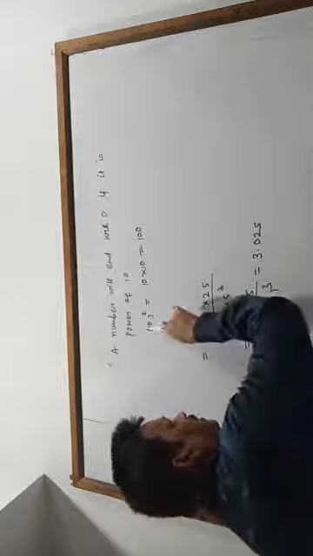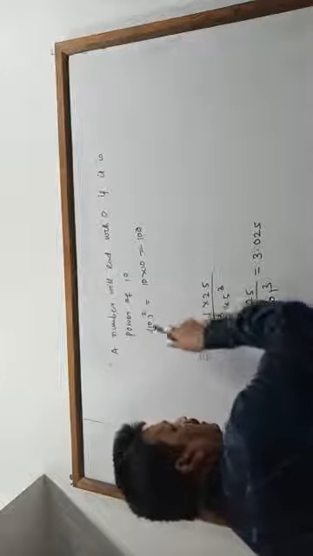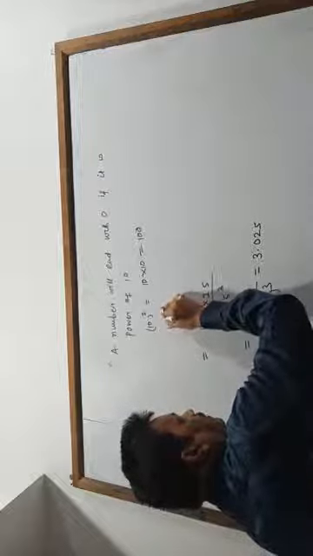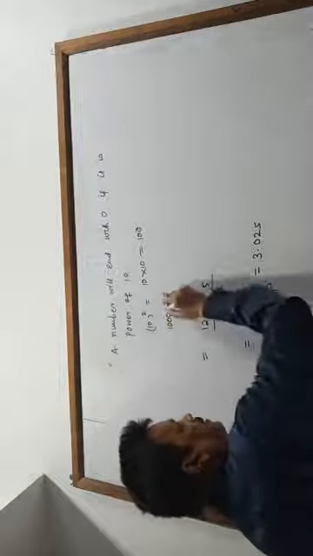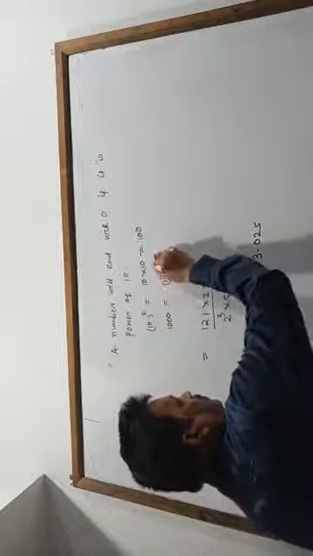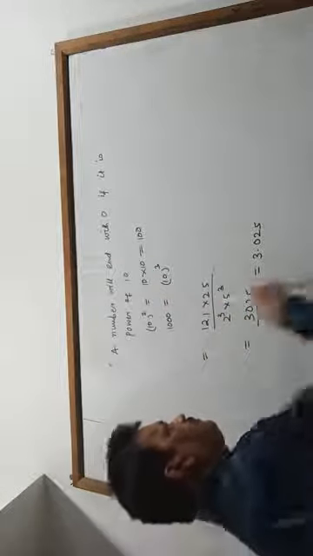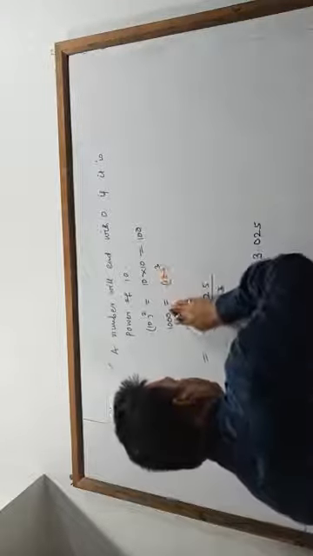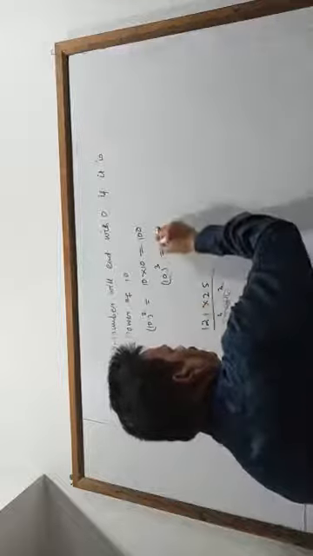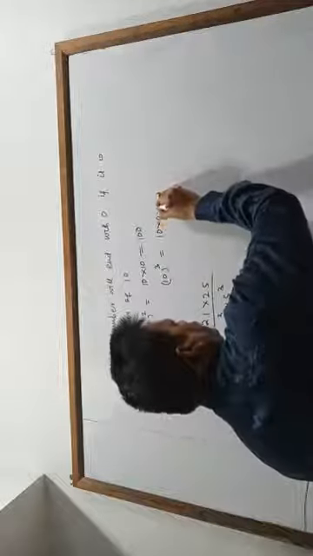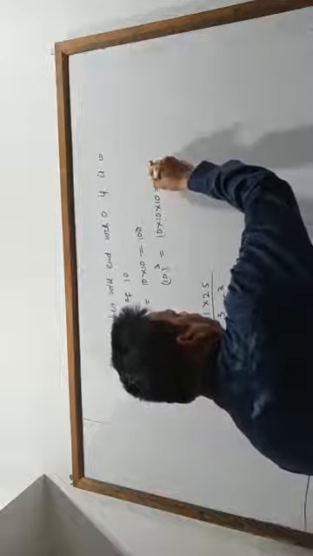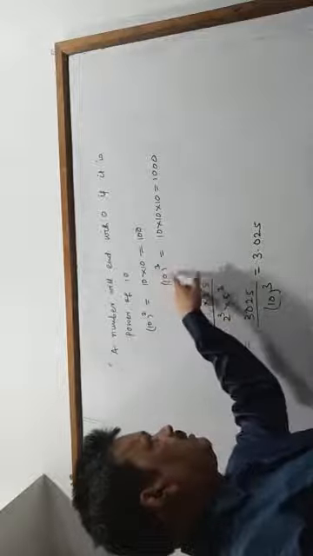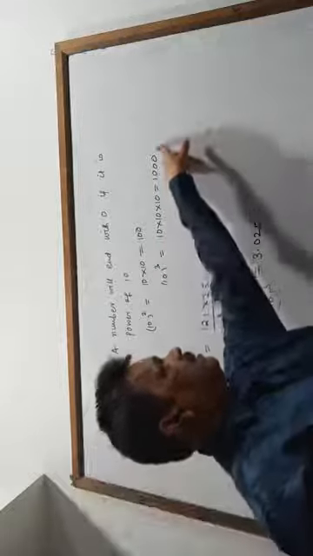That means it should have factors 2 and 5. 2 5s are 10. Suppose 100, 1000. 1000 means 10 cube, that is 10 into 10 into 10, that is 1000. So any power of 10 will end with zeros.